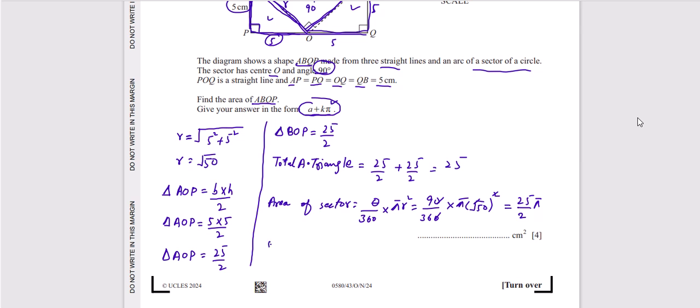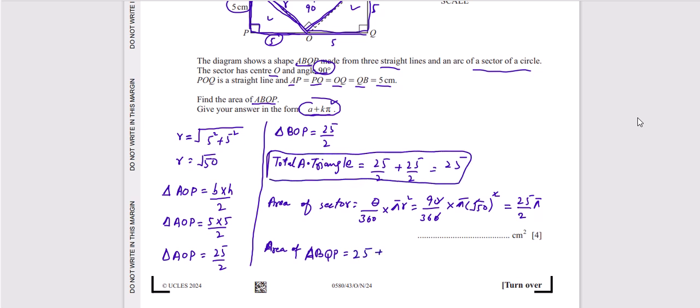The area of ABQP is equal to the total area of triangle, that is equal to 25, plus the total area of sector.